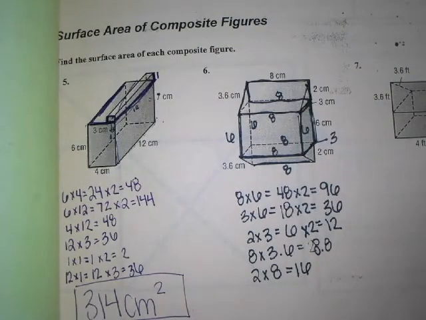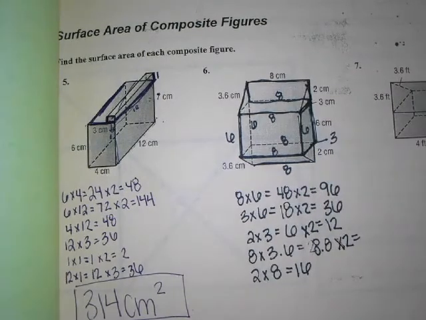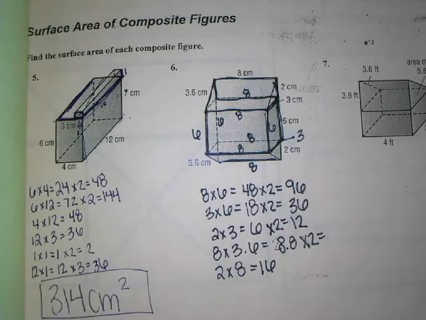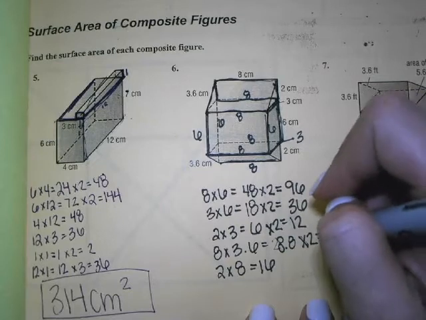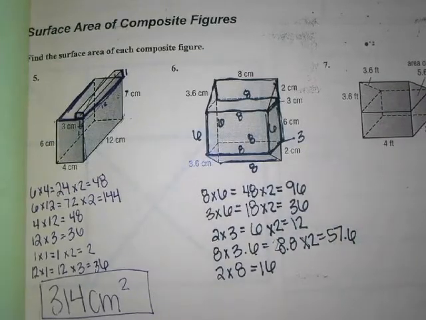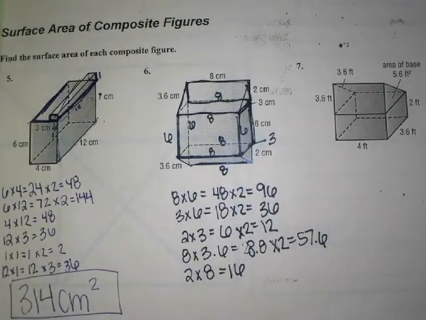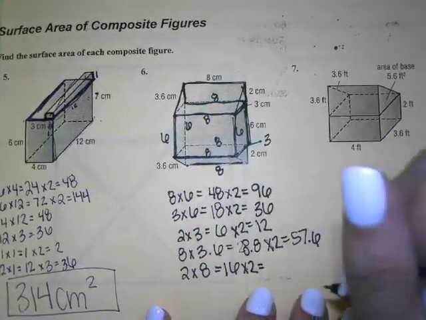Times 2, which is 57.6. And then I have the side that was 2 times 8, which is 16. What should I do to that? And 16 times 2 is?